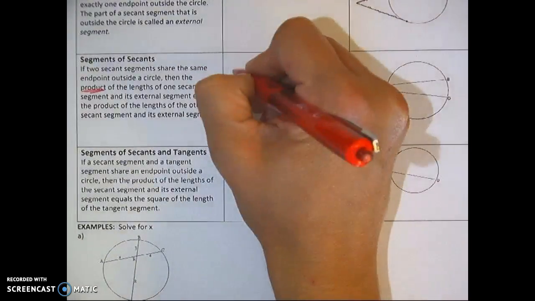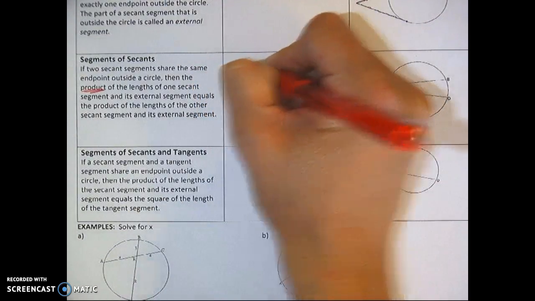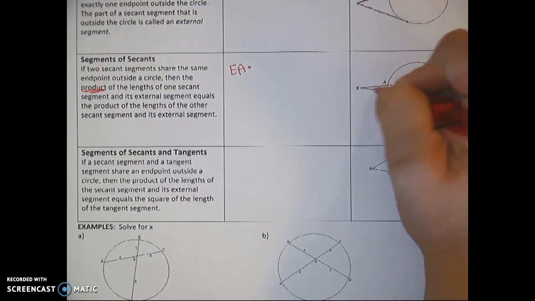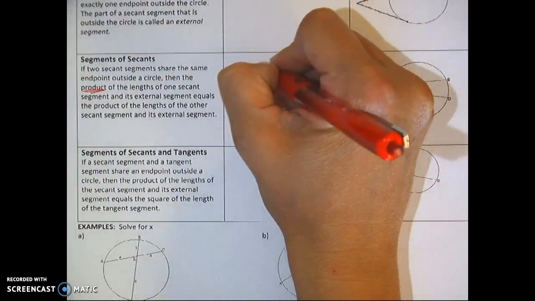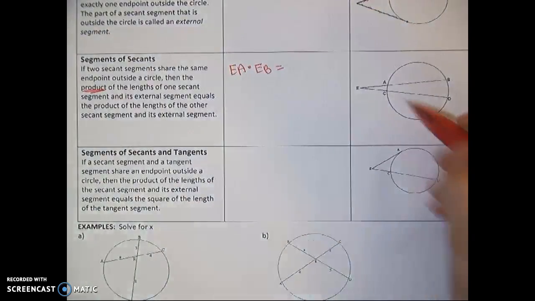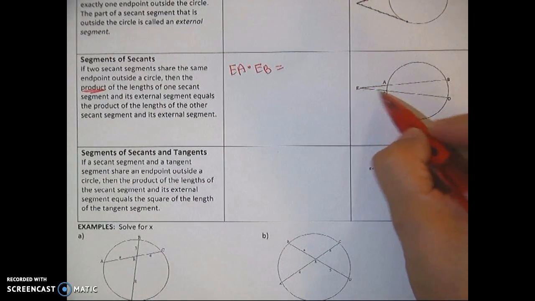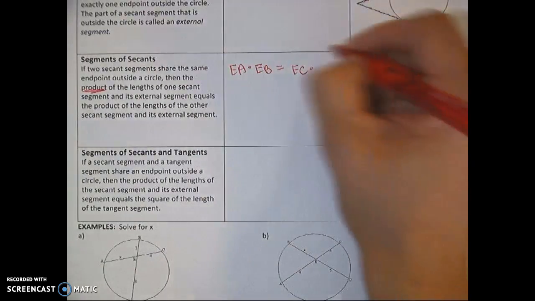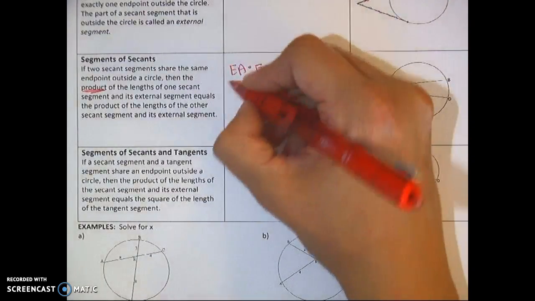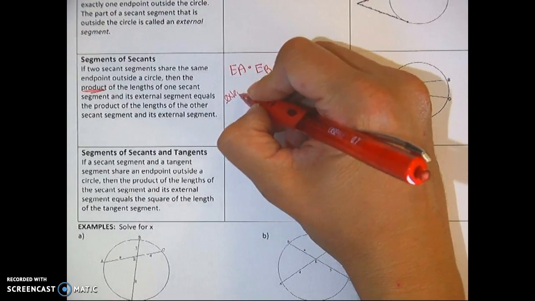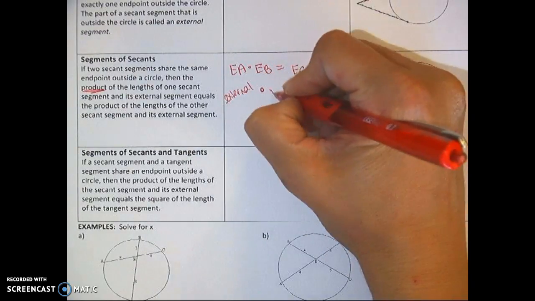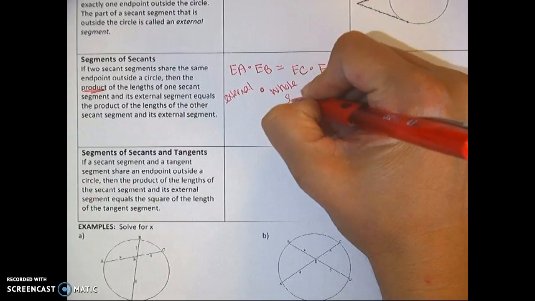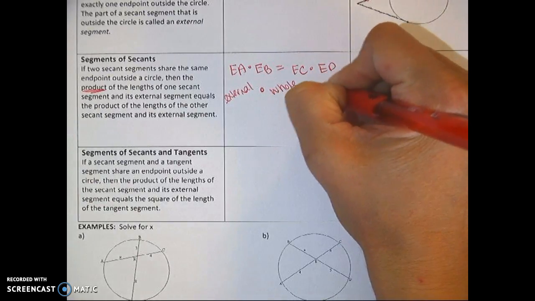So what that means is EA, that is the part sticking out of the circle, times the whole thing, EB, is going to equal the same thing with the other secant. EC, that's the part sticking out of the circle, times the whole thing ED. This is the external part times the whole segment. Those two things are equal.